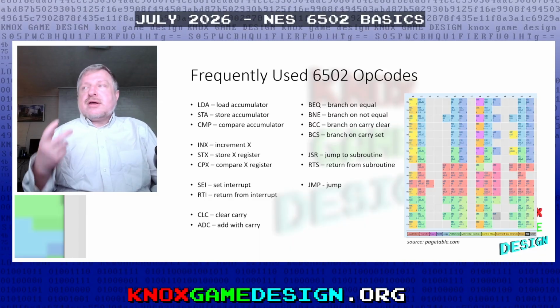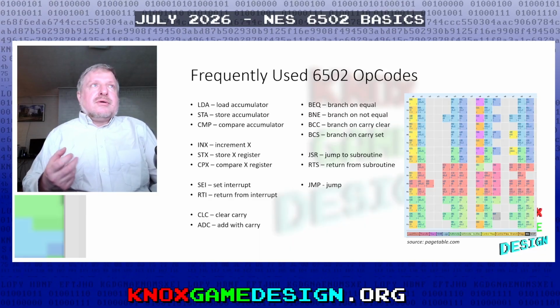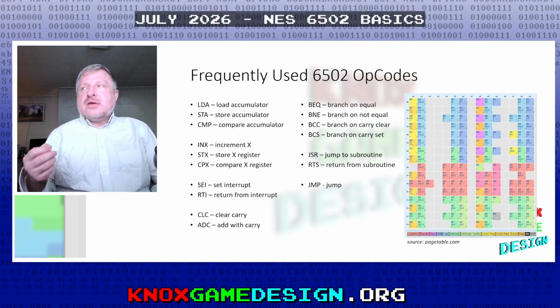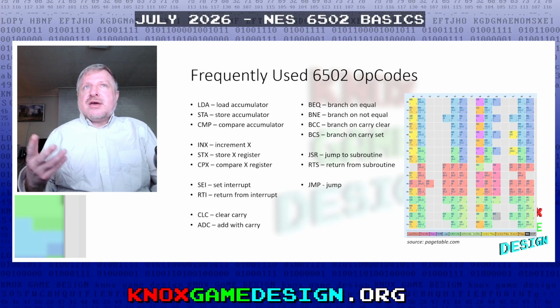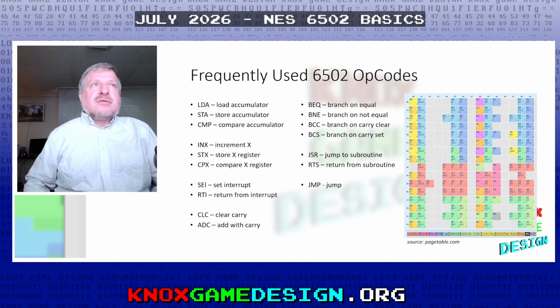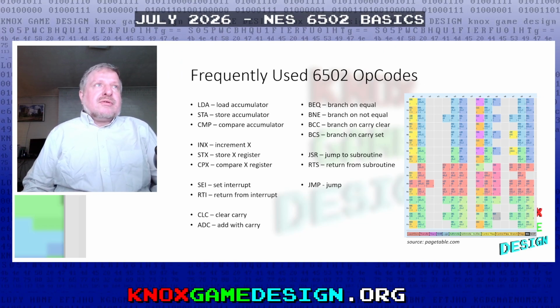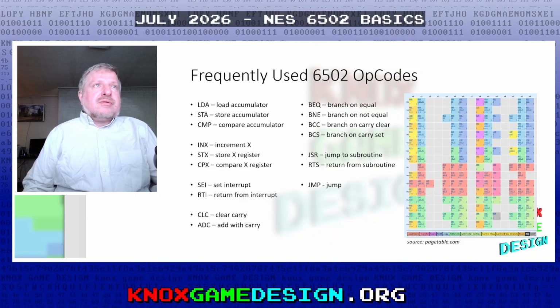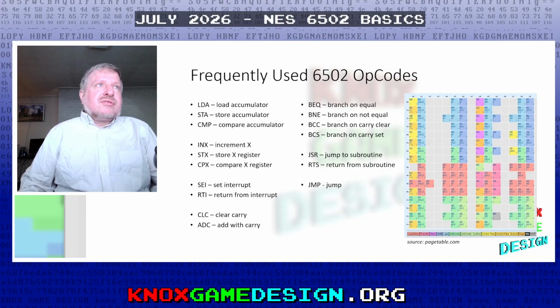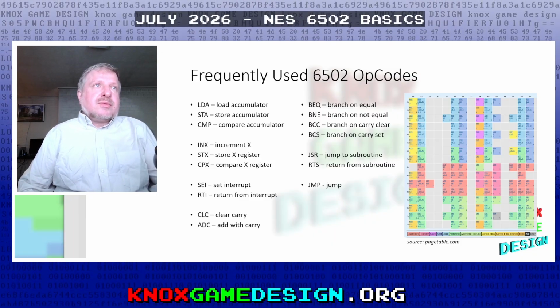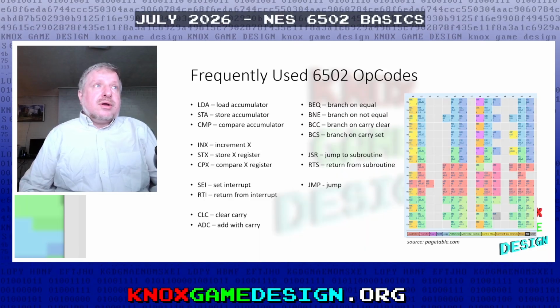CMP is to compare that accumulator value with another value and then do something based on that, do one of the branch statements based on that. We also have opcodes that operate on the X register, such as INX, which increments the X register, it just adds 1.